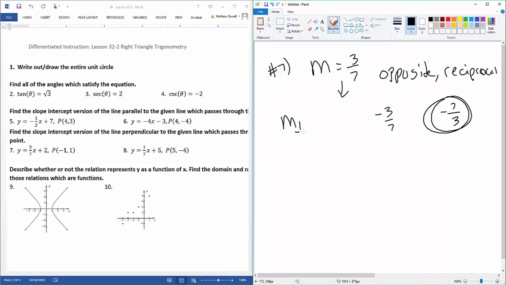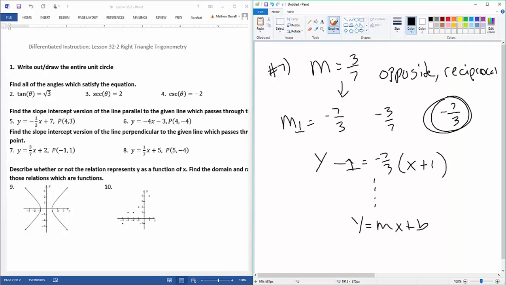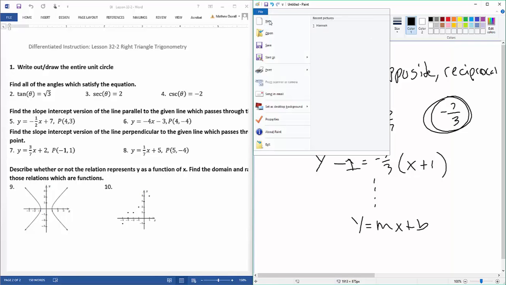So my perpendicular slope is going to be negative 7/3. So then once again, y minus y1 equals my m times x minus x1. And then once again, you turn it into the y equals mx plus b form. Okay, next.